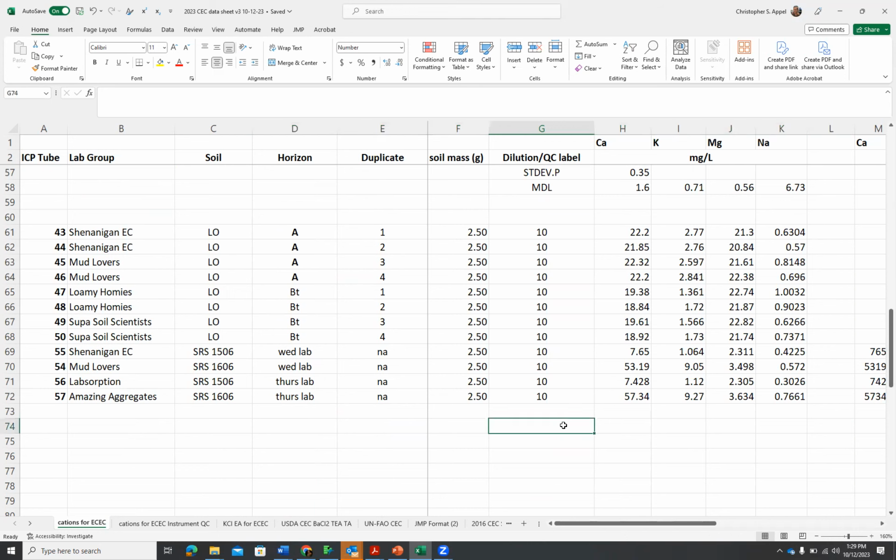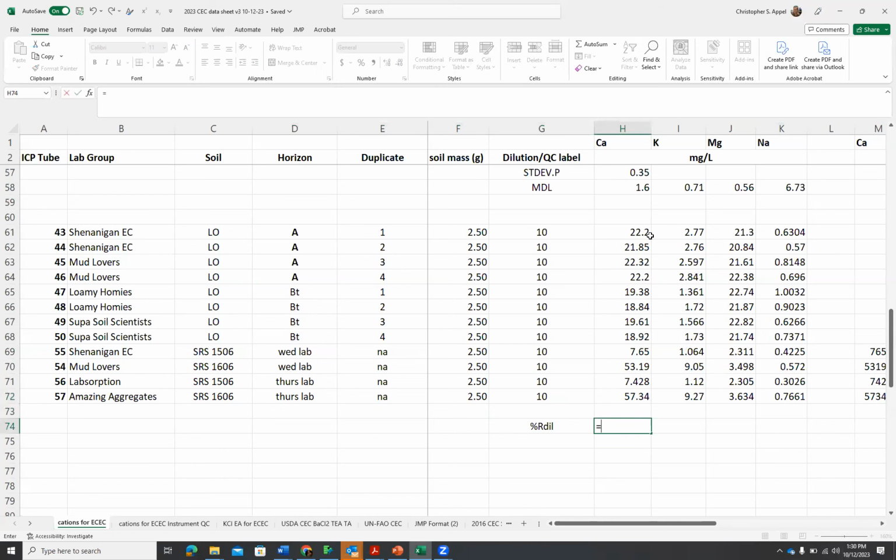So I'm going to call this percent recovery of dilutions. My diluted samples are here.